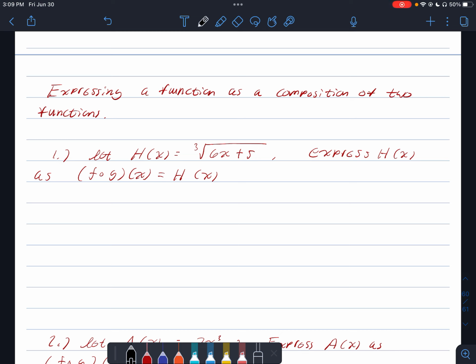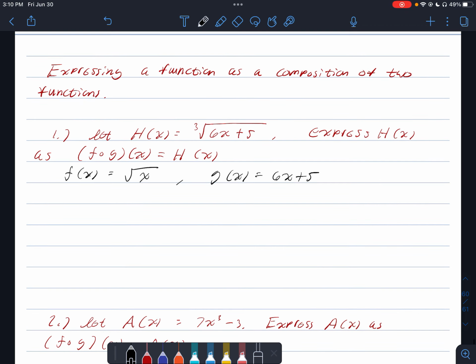Let h of x equal the cube root of 6x plus 5, and we want to try and express h of x as f composed with g of x, which is equal to h of x. Here, you could say f of x is equal to the cube root of x, and g of x is equal to 6x plus 5.